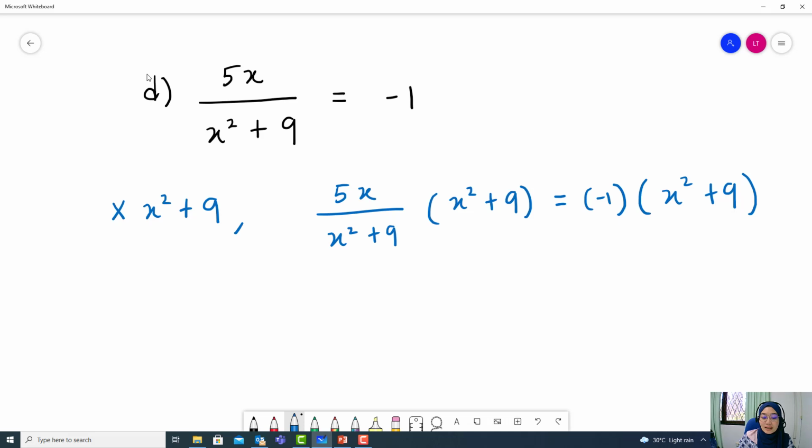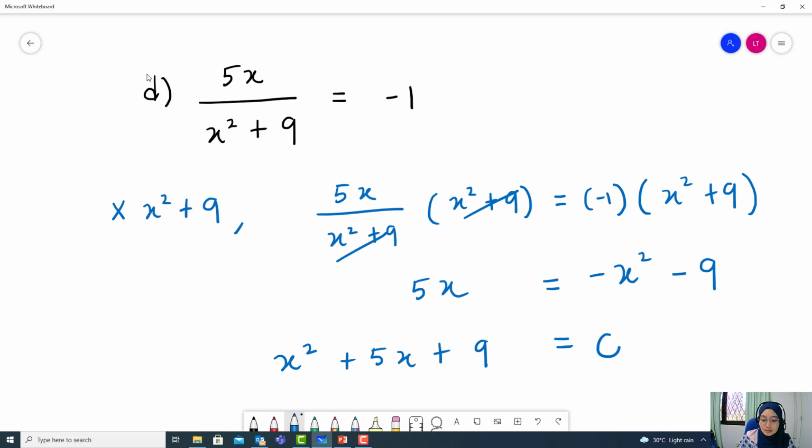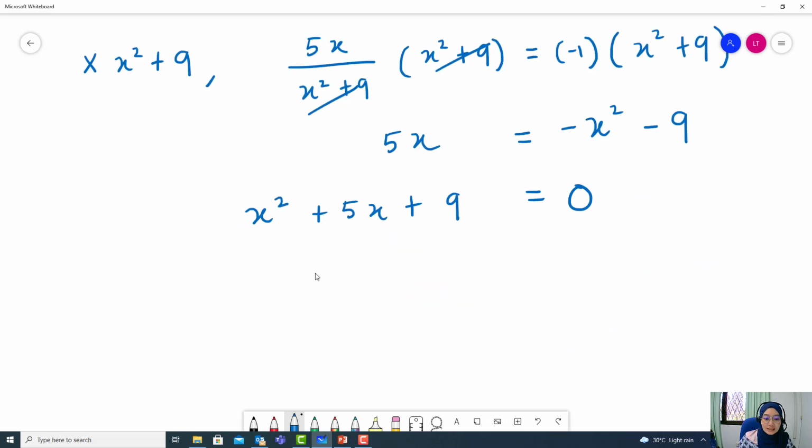And then simplify. This one cancels, and you get 5x equals negative x squared minus 9. And then rearrange to make it standard form. You will get x squared plus 5x plus 9 equals 0. And then find a, b, c. Your a will be 1, b equals 5, and the constant c equals 9.